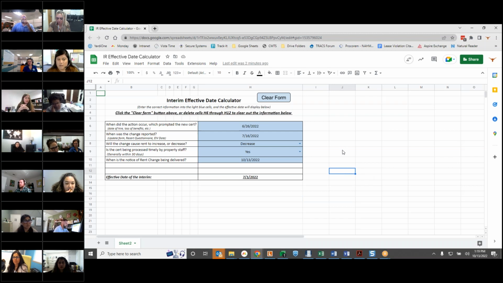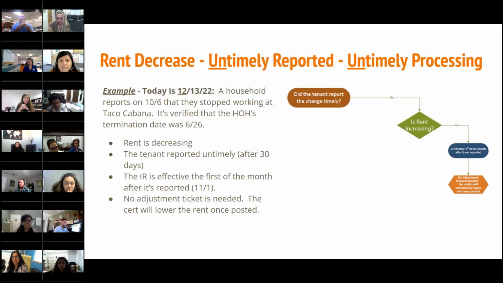So we decided we would reboot it. Just so you know, the first of the month after the action for timely reporting is Chapter 7 of the 4350. It's been there for quite some time. So all that's telling me is it's good that we're talking about it, and it's good that we're going over it, and keep asking questions, and let's keep rolling through.